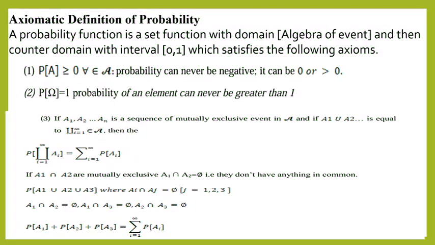Let's go to the axiomatic definition of probability. The axiomatic definition of probability was introduced by Andrei Kolmogorov in the year 1933. It provides a rigorous mathematical framework for probability based on three axioms.